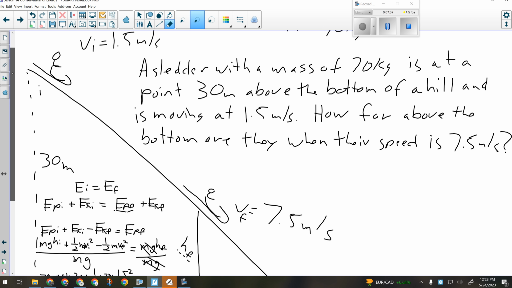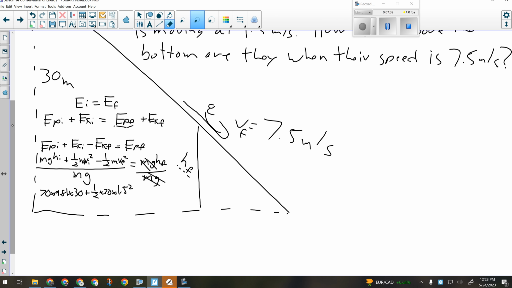Okay, 1.5 minus 1/2 times 70 times 7.5 squared. That's our final. Okay, so it's there. And then I divide all of that by 70 times 9.81, m times g. So saying the same thing on this line here that I said on the line above. That's going to equal my final height.